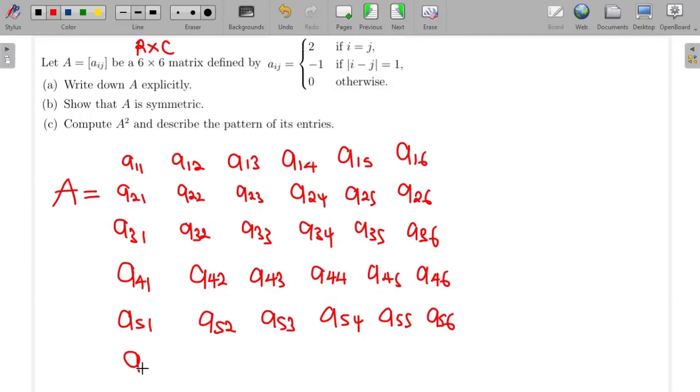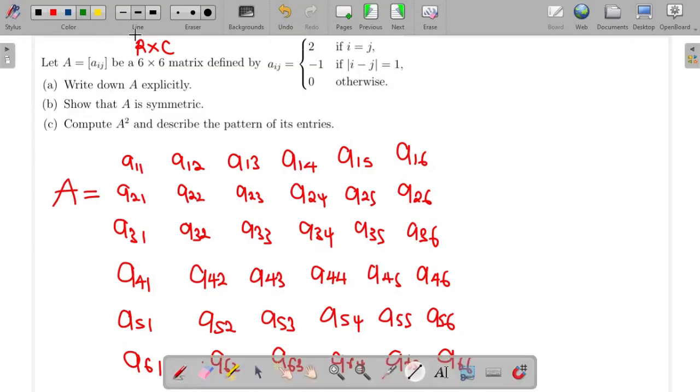It will be A61, A62, A63, and then A64, A65, and then A66. So that is our 6 by 6 matrix that they want us to construct, or to write down explicitly. Let me draw my bars here to make it look like a matrix.